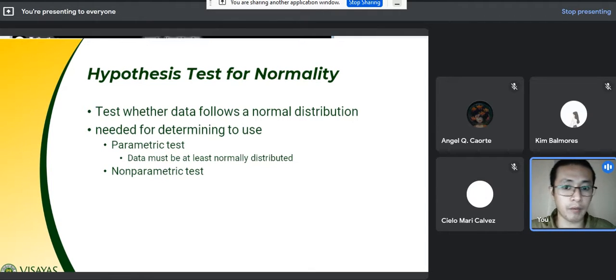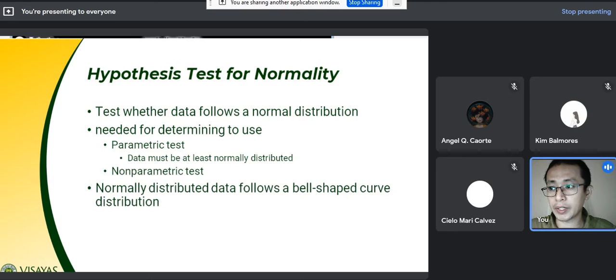Like for example, if you have lots of data, then you can use a parametric test. But if you have less data and it is still not normally distributed, then in that case we suggest using a non-parametric test. So again, this lesson is necessary for us to identify the appropriate statistical tool to use, whether we go for a parametric or a non-parametric test.